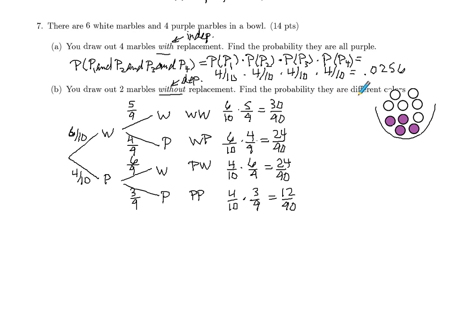And we want to find the probability they're different colors. 2 ways to have different colors. White and then purple, or purple and then white. So this outcome or this outcome. So we add.